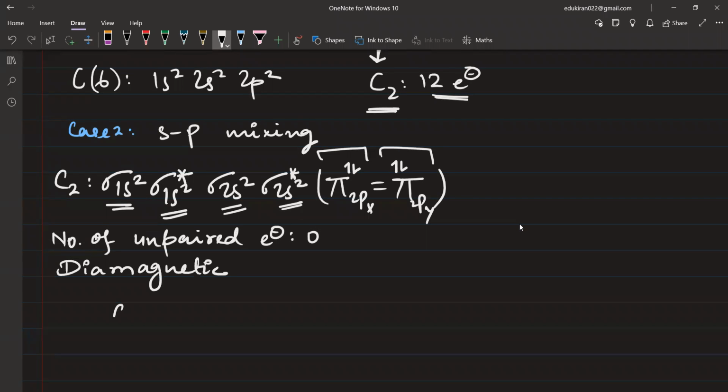Okay. We told you about carbon, carbon has 2 bonds. This is also pi. This is also pi.